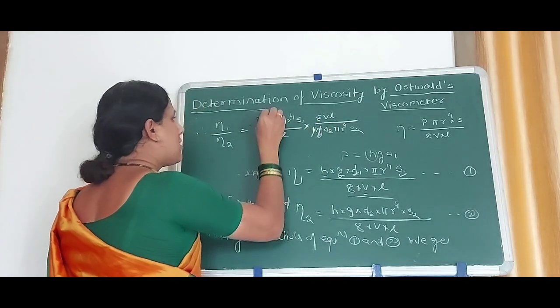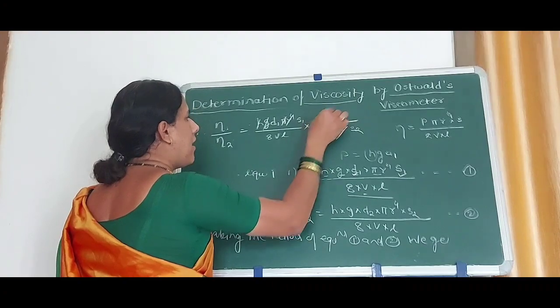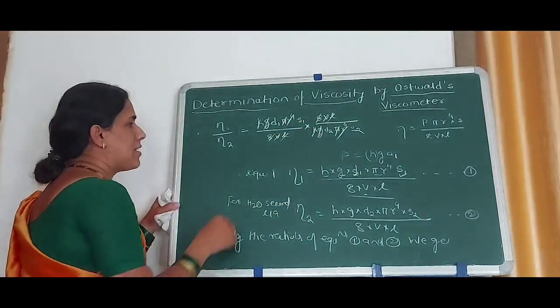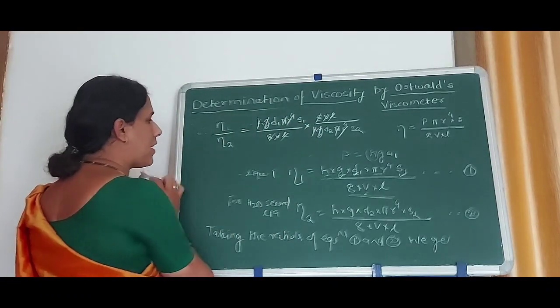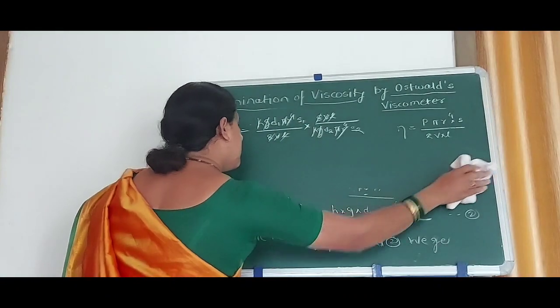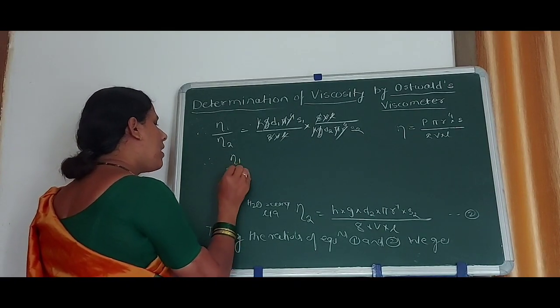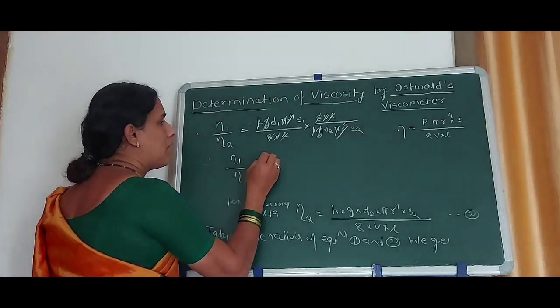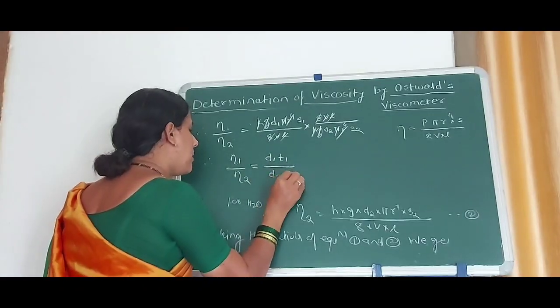The factor pi R to the 4, 8VL gets cancelled. What is the remaining? That is density and time in seconds. Therefore eta 1 upon eta 2 is equal to d1 t1 upon d2 t2.